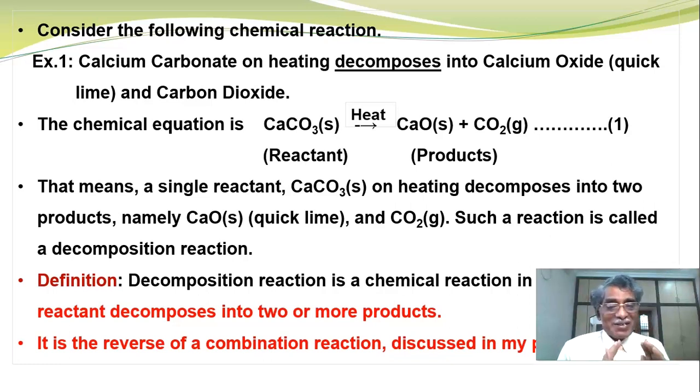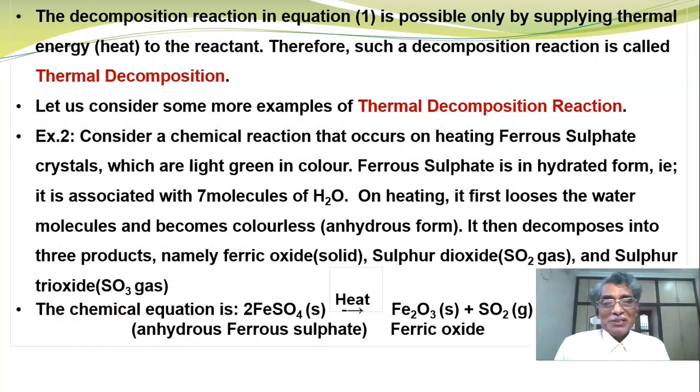It is the reverse of a combination reaction discussed in my previous video. The decomposition reaction in equation 1 is possible only by supplying thermal energy, that is heat, to the reactant. Therefore, such a decomposition reaction is called thermal decomposition.